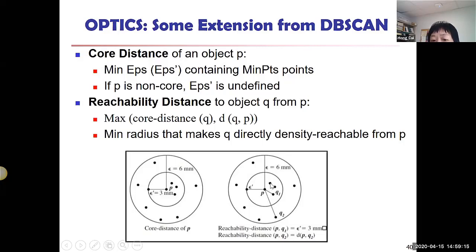We don't need to care about the subtle differences. We should just use epsilon prime to represent the distance. If a point's distance to Q is actually greater than its core distance, then we care how far away. It might be an outlier. It might be a border point. So later on when we see graphs, this will make the graph much easier to read.